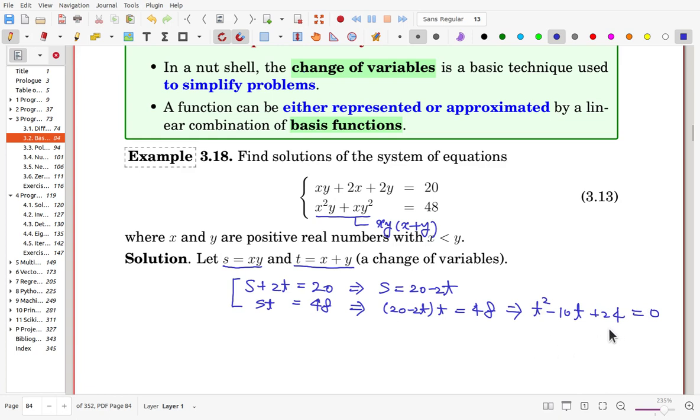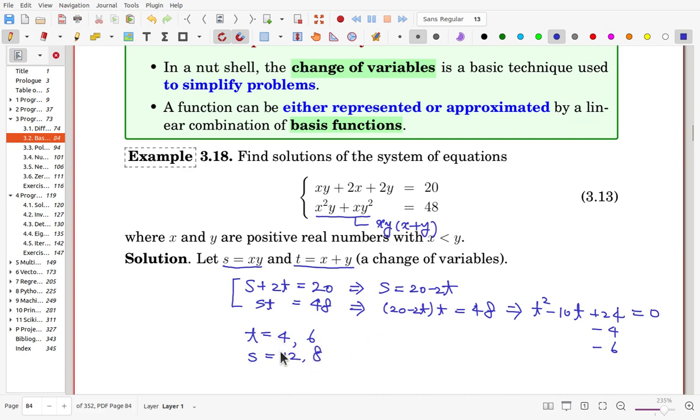So we have the 4 and 6 factorization, which means that t is 4 or 6. In this case, once t is 4, then s must be 12. And once t is 6, then s must be 8.